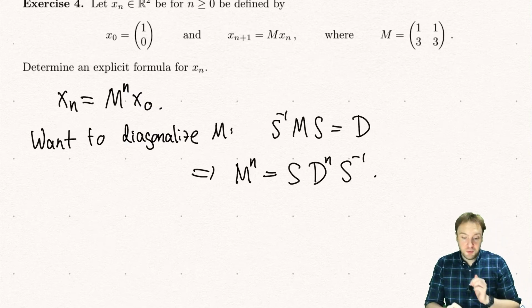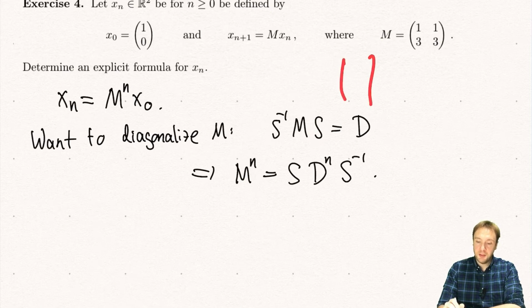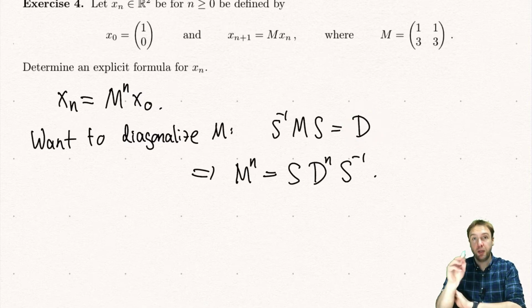And we know how to do this. So this matrix S will be just given by, the columns will be given by eigenvectors, and the entries of this D, which will be the diagonal matrix, will be given by the corresponding eigenvalues.